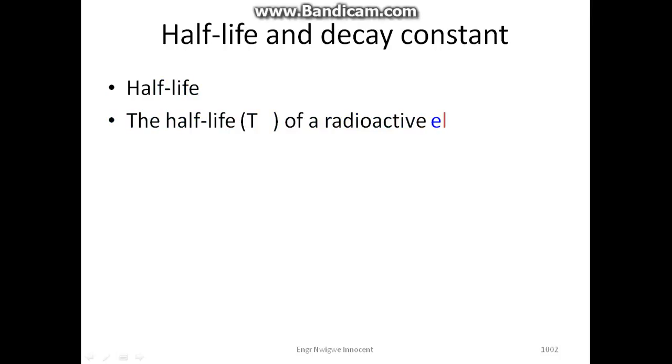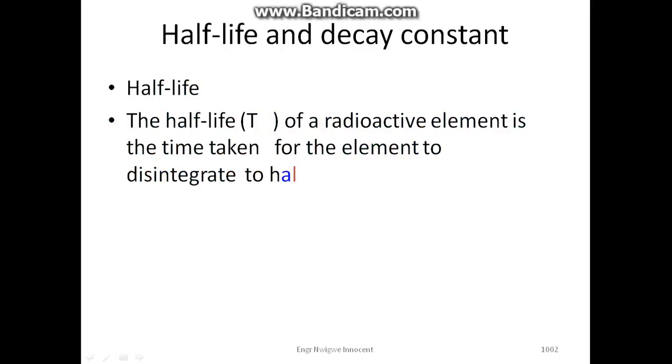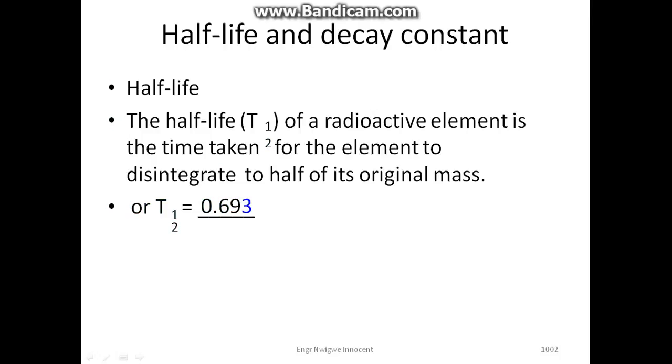Half-life T half of a radioactive element is the time taken for the element to disintegrate to half of its original mass, or T half is equals to 0.693 all over lambda, where lambda is the decay constant. Figure 5.2 shows the graph of half-life.